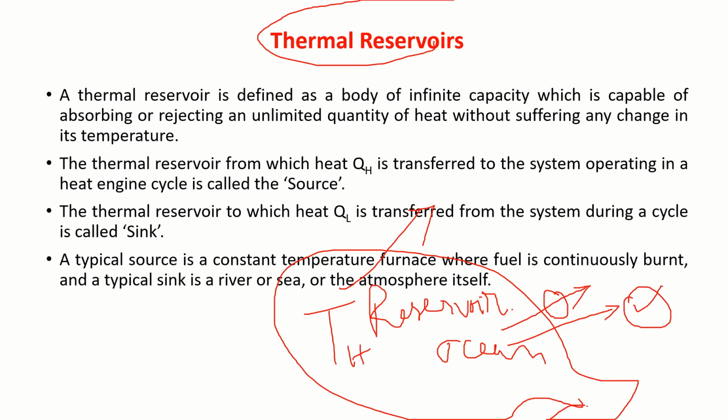We can simulate this with a furnace: you go on taking out heat, but continuously keep burning the fuel and keep the temperature constant. Similarly, you go on pumping heat to the atmosphere, and its temperature may not change at all. Then it is a reservoir at a low temperature, which you can call a cold reservoir or low temperature reservoir.